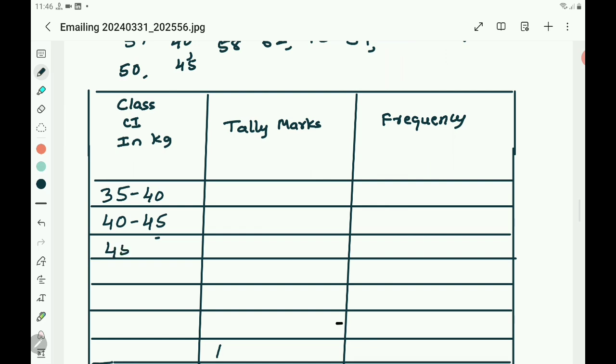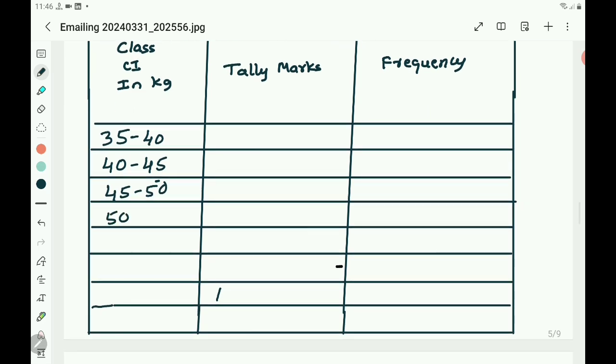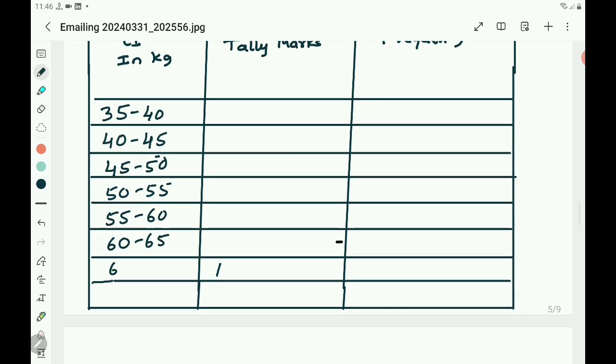Then 45 to 50, 50 to 55, 55 to 60, 60 to 65, 65 to 70, 70 to 75.